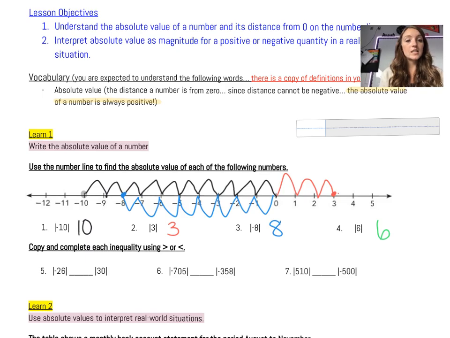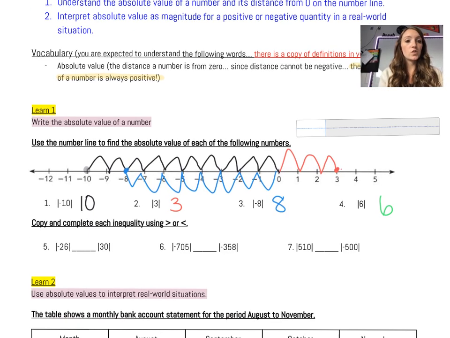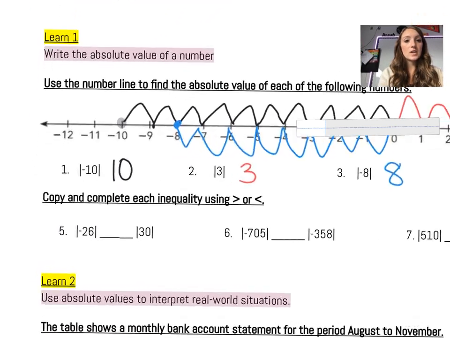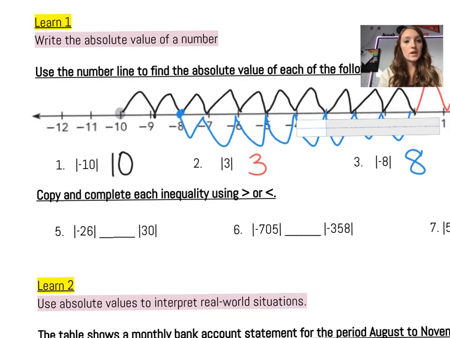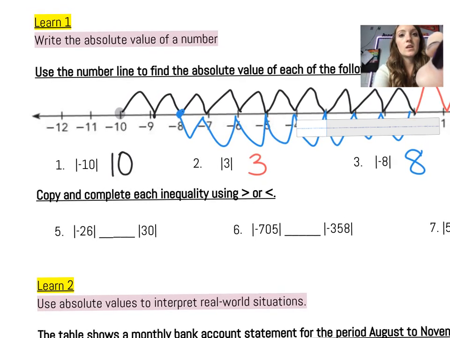All right, so let's take what we just did in those first 4 problems and look at how we can now write inequalities using our absolute value. So I want to compare the absolute value of -26 to the absolute value of 30. In order to do that, I first need to know my absolute value of each of those numbers. For these types of problems, exactly the work that I am showing you is what I expect from you.